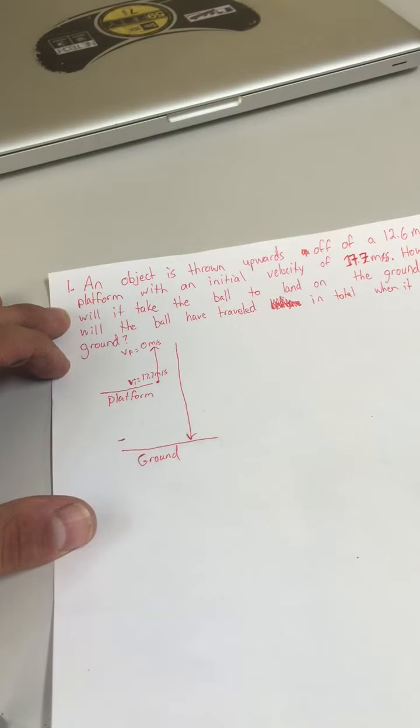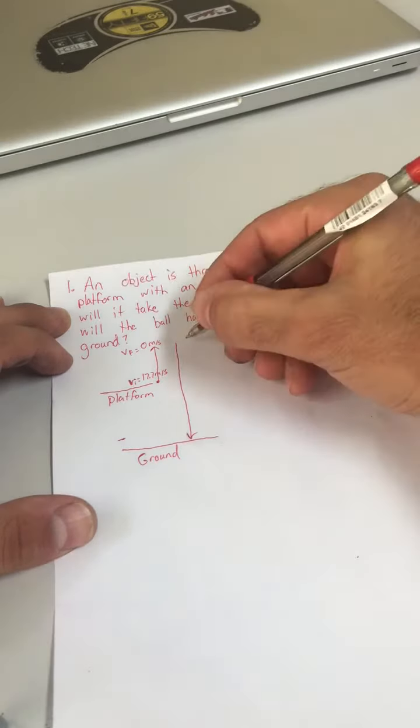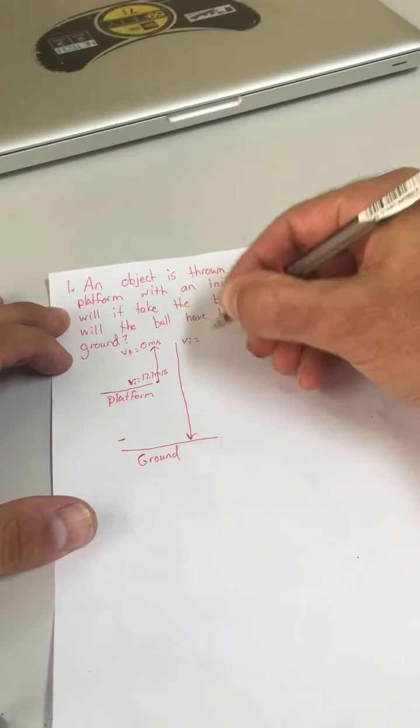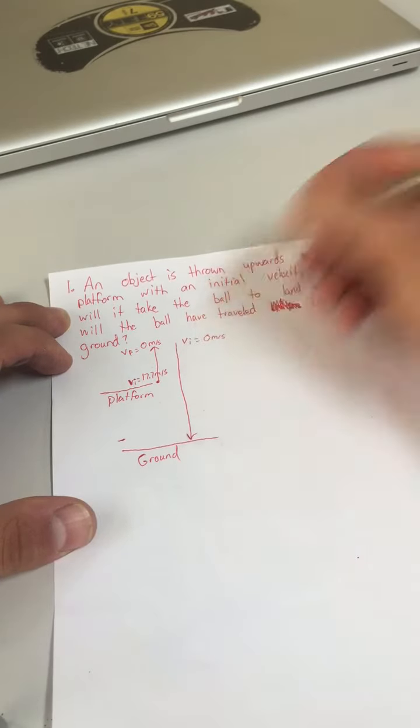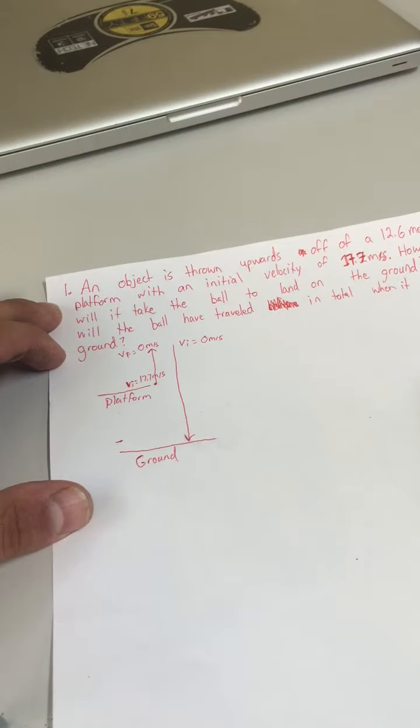As well, when it begins its downward fall, its VI is also going to be equal to 0 meters per second. So at the exact moment when the ball stops, it is going to switch from going upwards to downwards. So our VF becomes our VI.